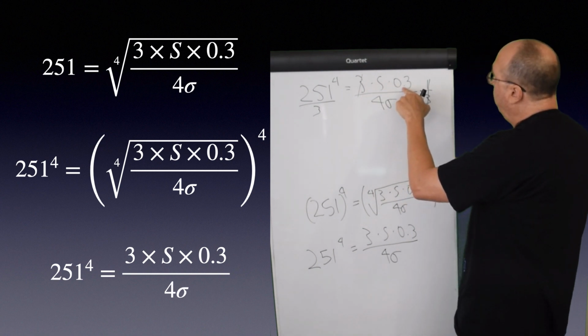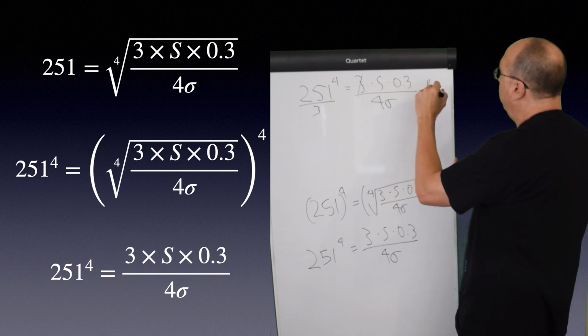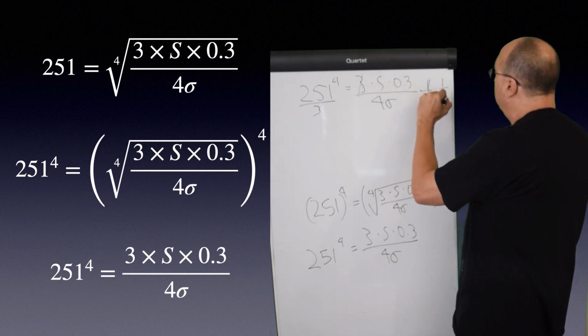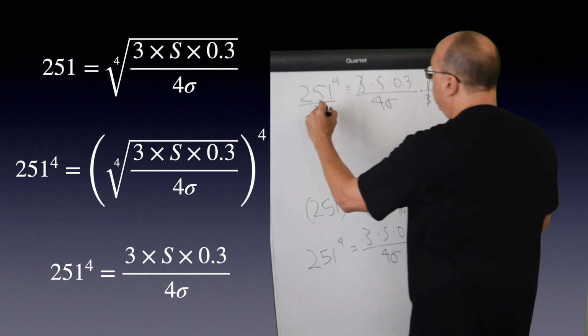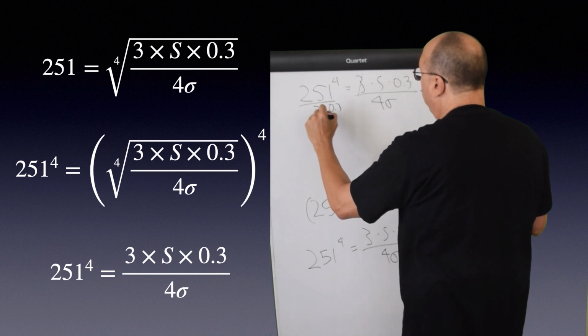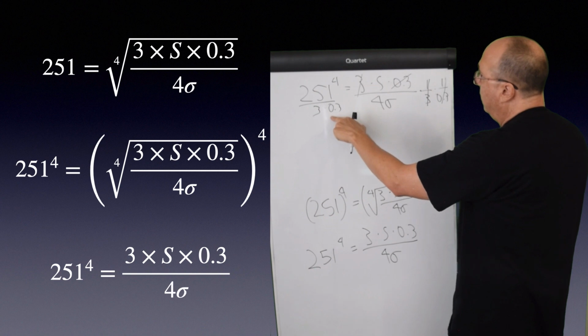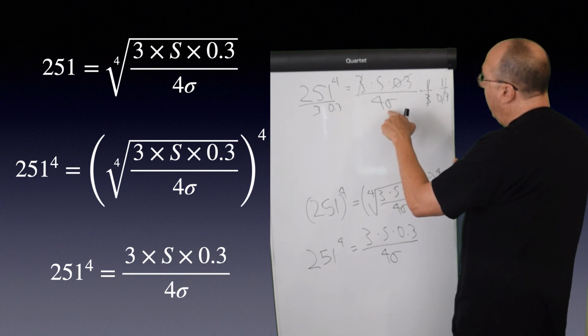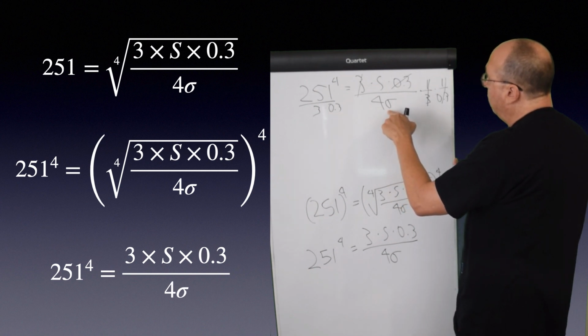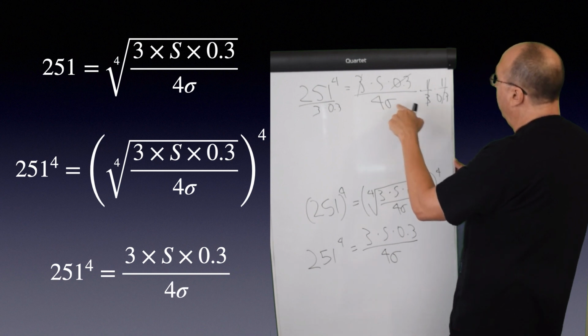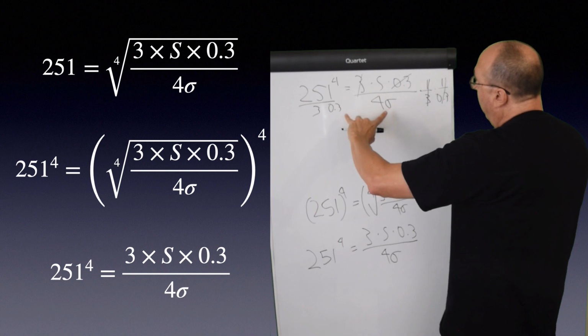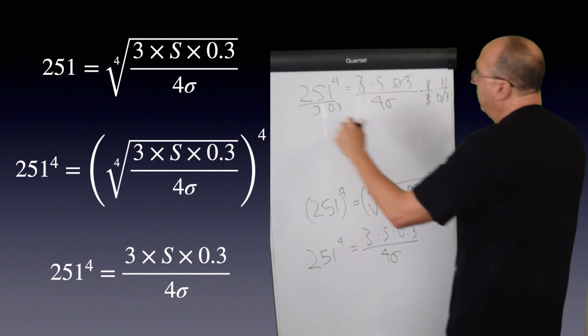Now let's move this 0.3. I do exactly the same thing. I divide by 0.3 here, and I divide by 0.3 here. So this 0.3 cancels that 0.3. So now I've moved that here. And so you can kind of guess, how do I move this 4 sigma from this side? Well, I multiply both sides by 4 sigma.